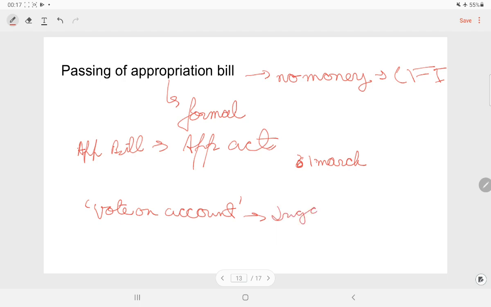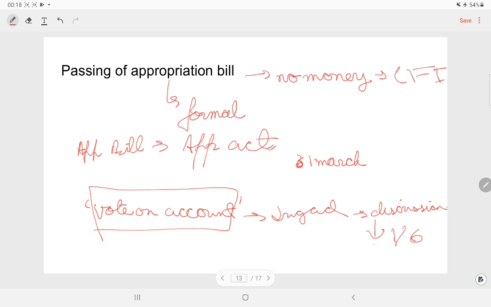This is a very beautiful term, a kind of jugaad concept. Under this provision, if it is passed after the general discussion of the budget is over, it grants for 2 months an amount equivalent to one sixth of the total estimation. After the second stage, once the discussion is over, the government can present a vote on account from which it can withdraw one sixth of the money in the CFI for 2 months.